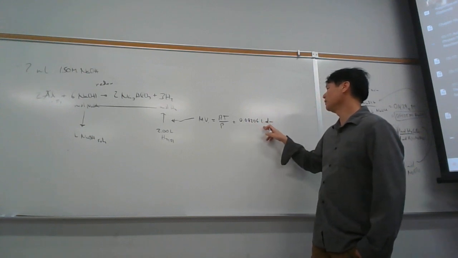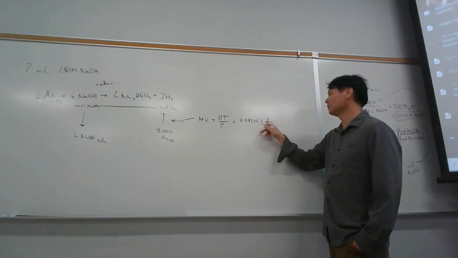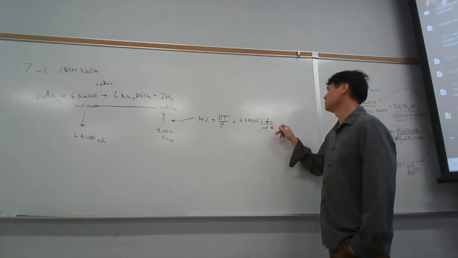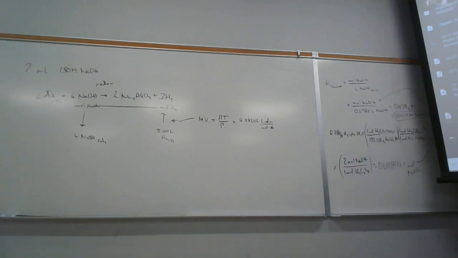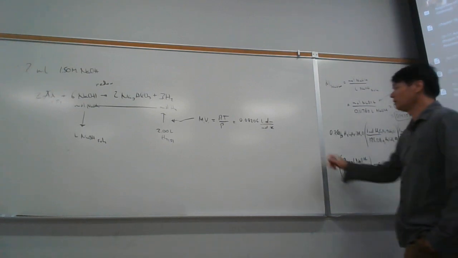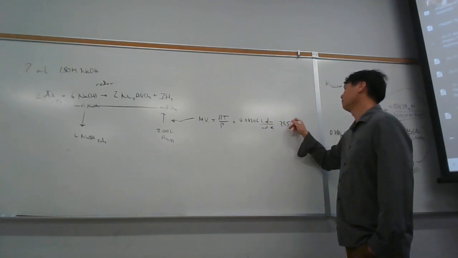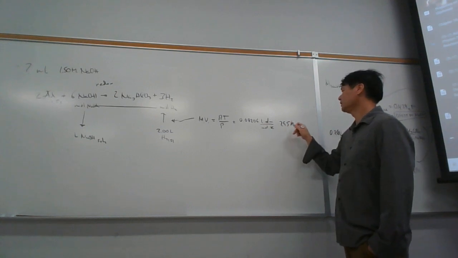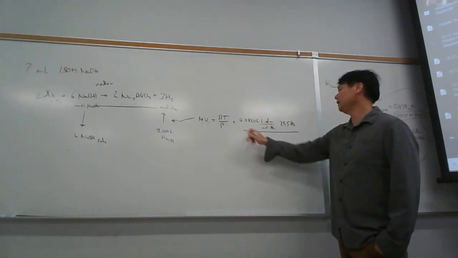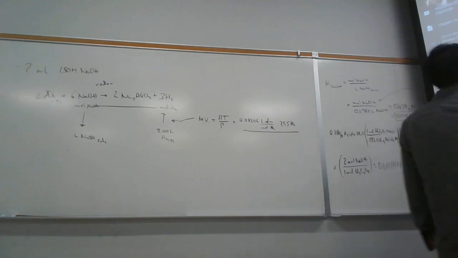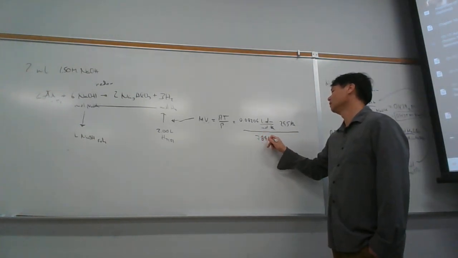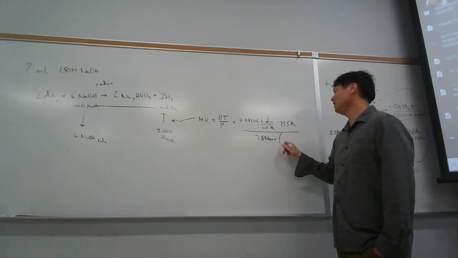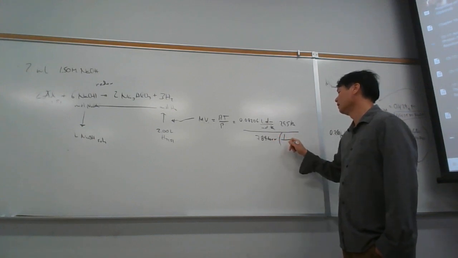So R is 0.08206 liters times atmosphere over mole Kelvin. T is going to be temperature in Kelvin. It's 22 degrees C, which is going to be 295 Kelvin. So Kelvin cancels. P is going to be in torr. So that's 789 torr.